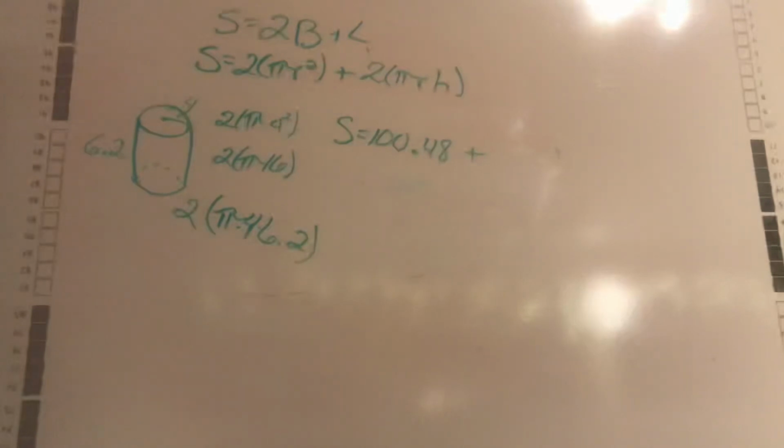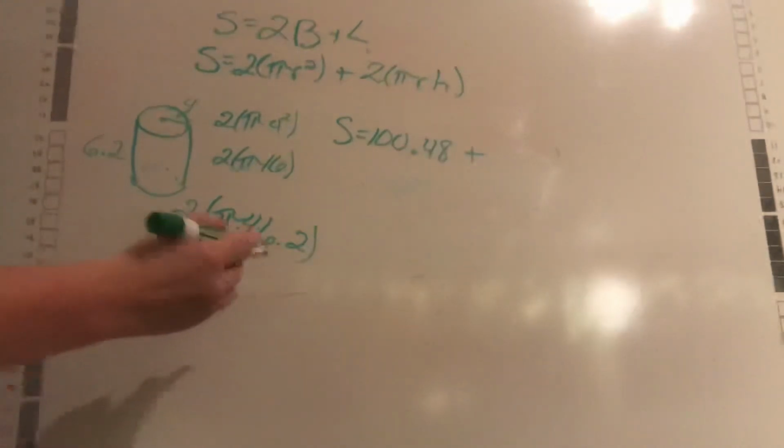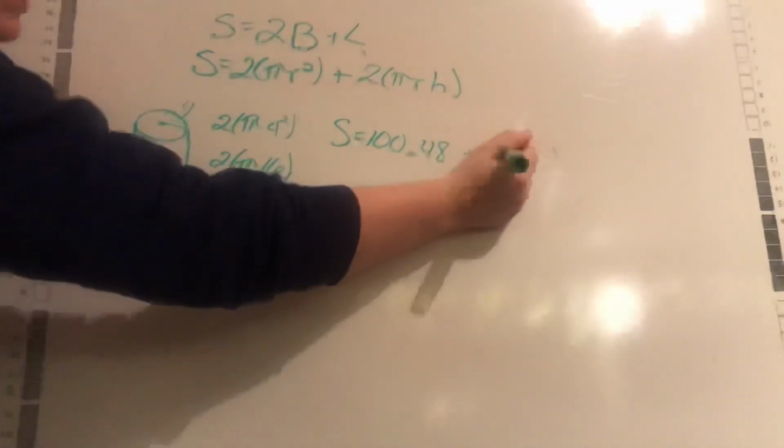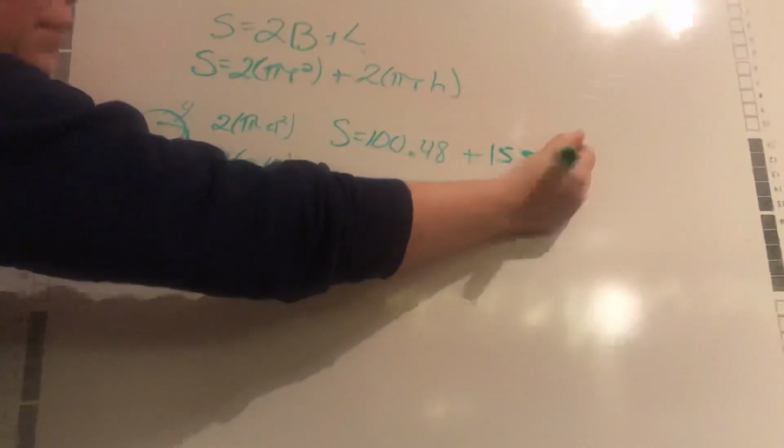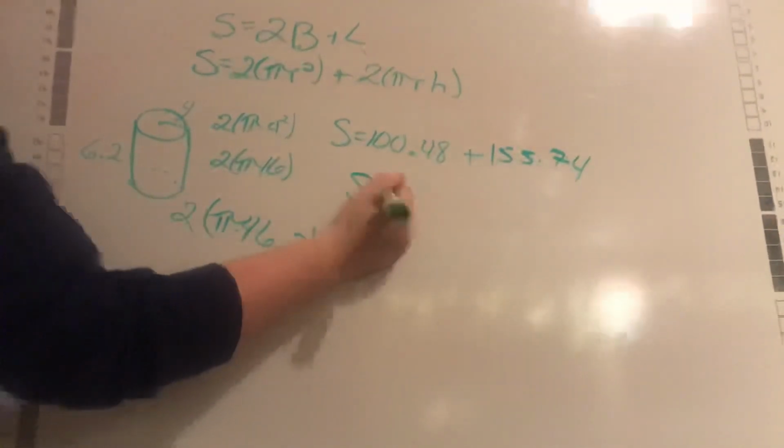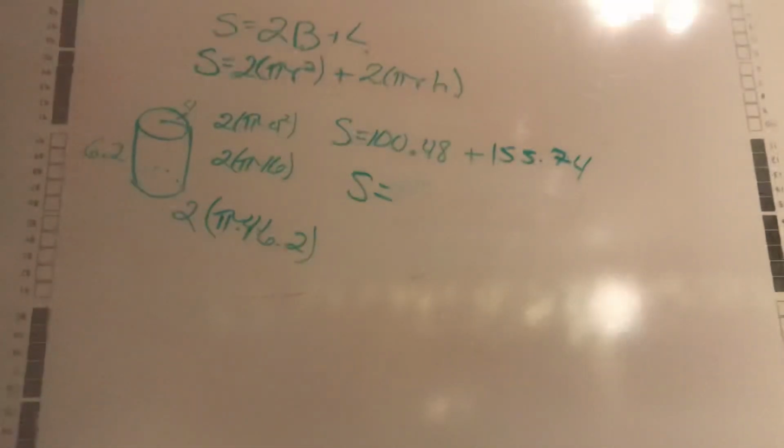And what do we get there? If we type that into our calculator, that's going to give us approximately 155.74. And then we add those together, and real fast we get 256.2.